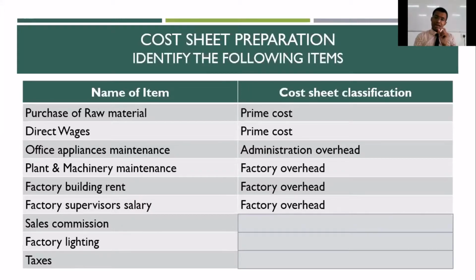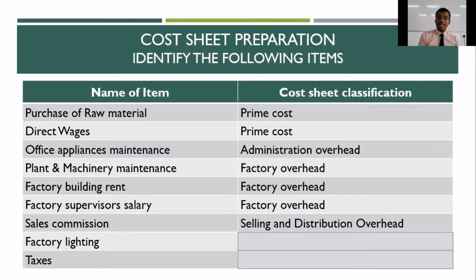So remember, they may have a fixed salary, and depending on the level of sales that they carry out, you may have to incentivize them. So this refers to the incentive that you're paying for your sales representatives. So this again would be a selling and distribution overhead. To be specific, this will be a part of your indirect labor.